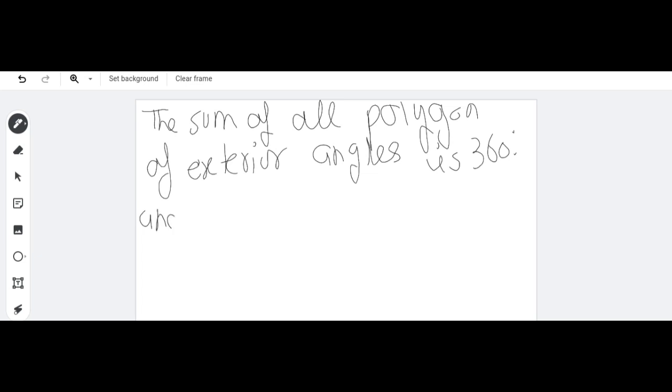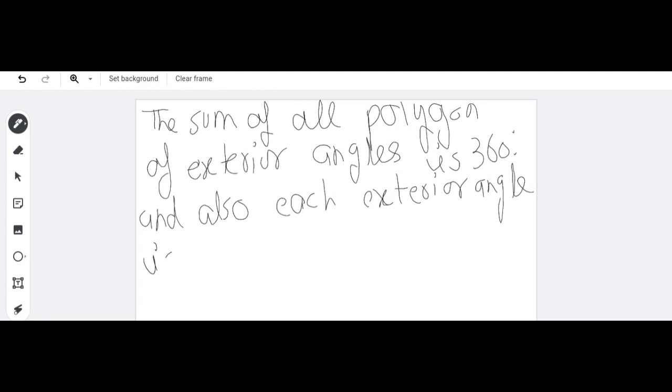And also, each exterior angle is the same measure.